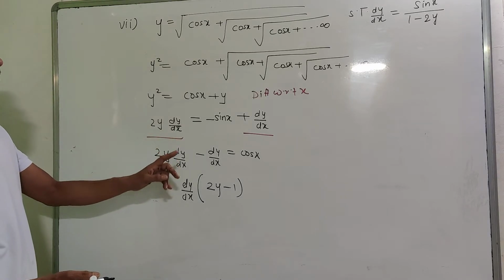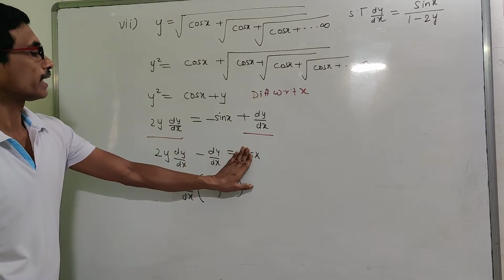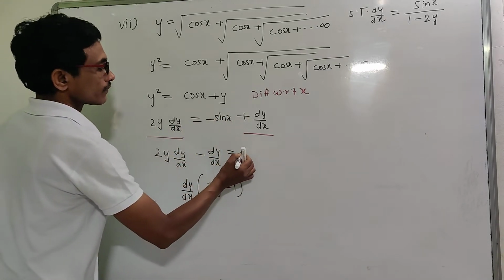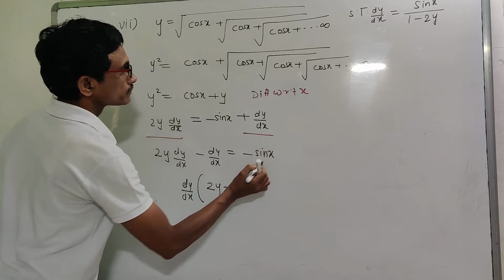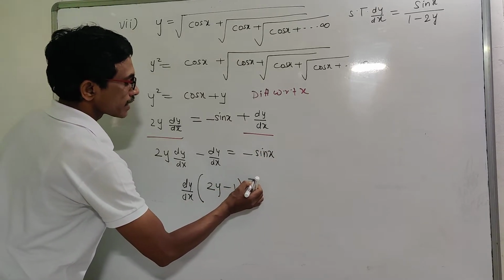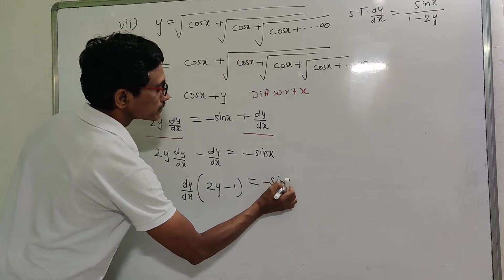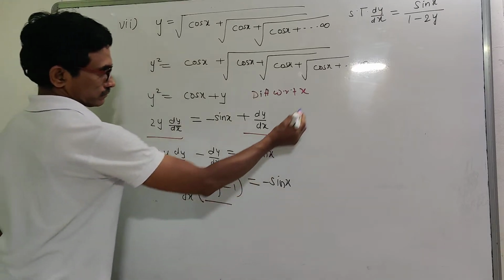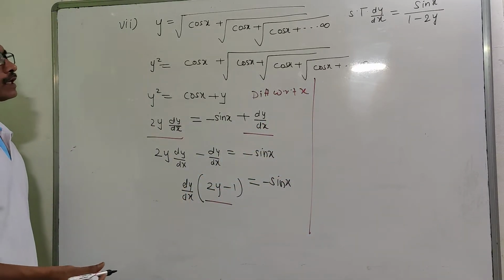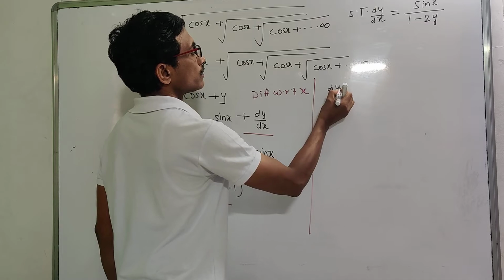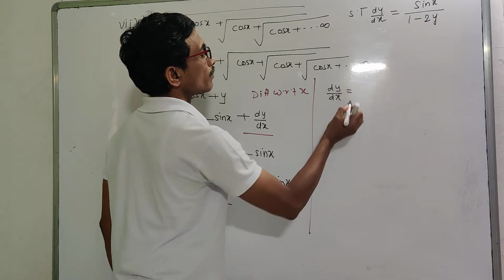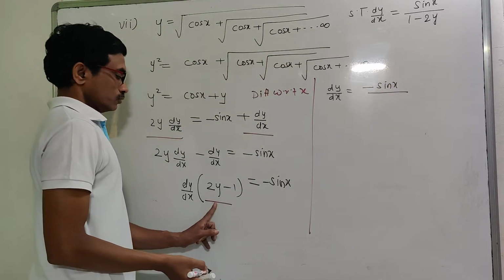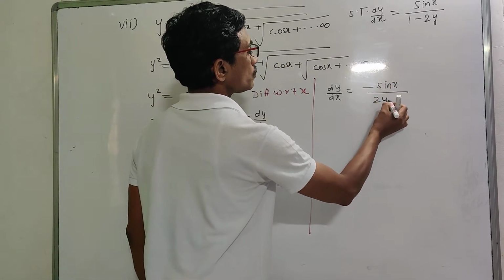Taking dy by dx common on the left hand side, we get dy by dx times (2y minus 1) is equal to minus sin x. Take this term to the denominator, so that dy by dx is equal to minus sin x upon 2y minus 1.